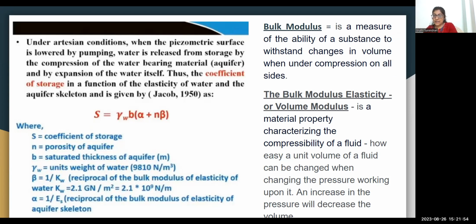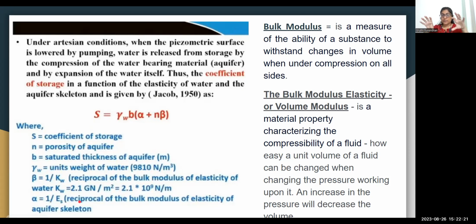And bulk modulus of elasticity characterizes the compressibility of a fluid, how a unit volume of fluid can be changed when pressure is working upon it and it is made to compress. So according to this equation, gamma W B into alpha plus N beta, alpha is the reciprocal of the bulk modulus of elasticity of the aquifer skeleton.